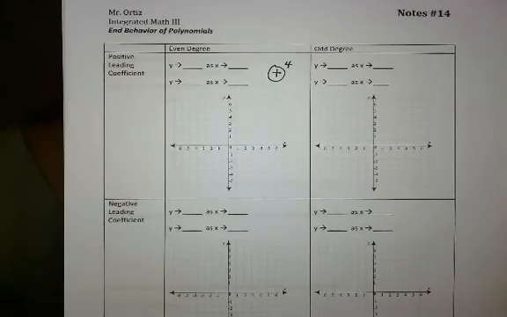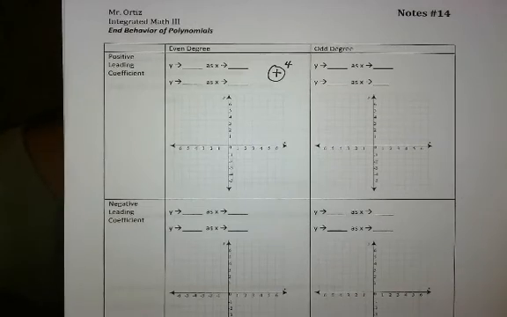Okay, so looking at that number, 4, what does 4 mean in terms of graphs? What do you think that 4 means? The fourth power. What do you think that fourth power means in terms of our graph?